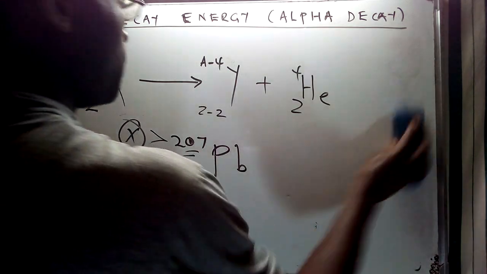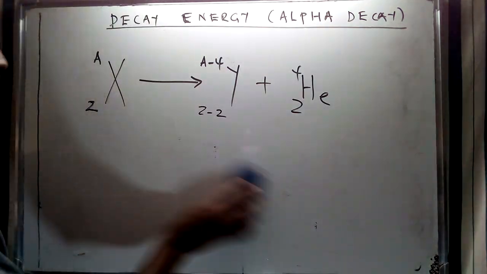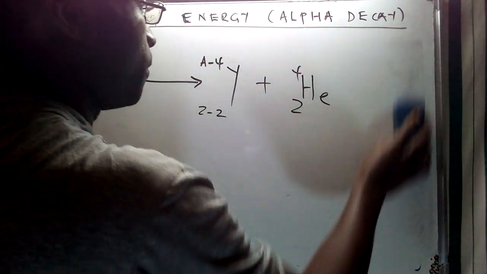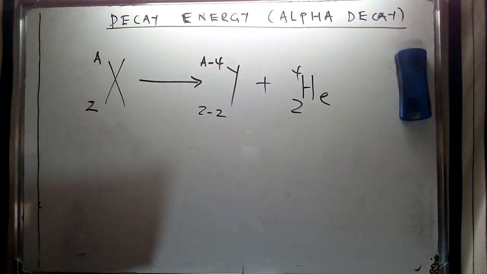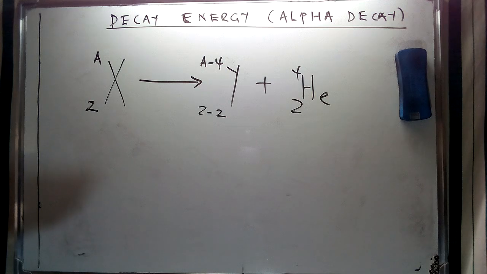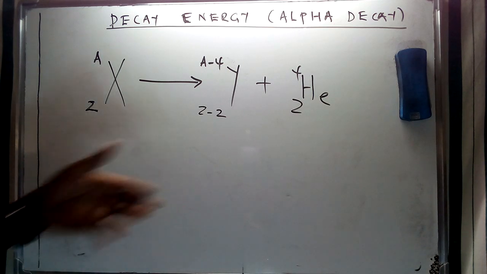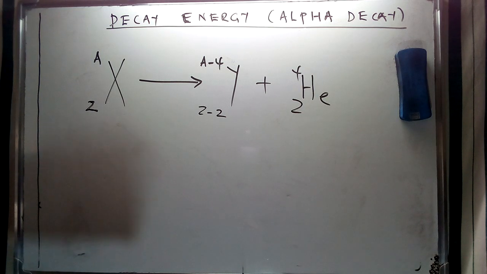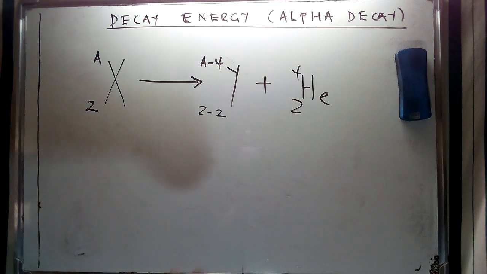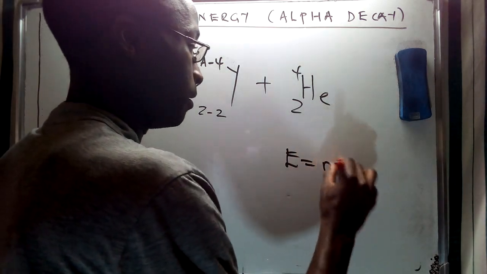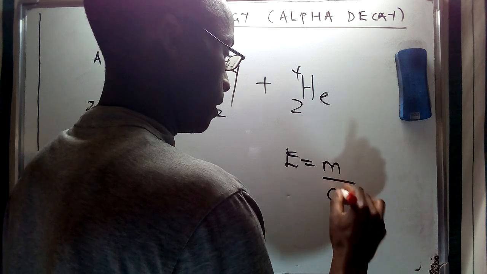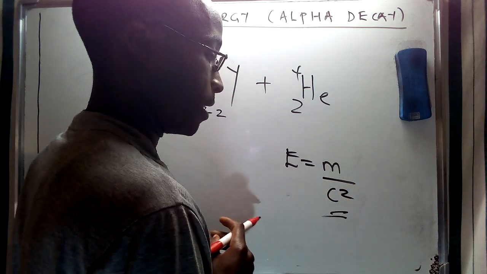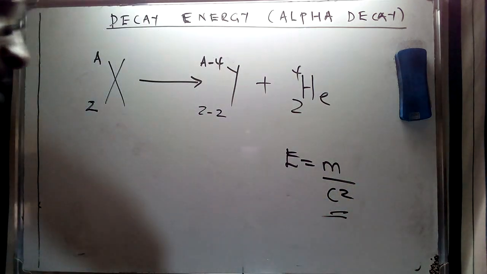Now we can describe the energy associated with this specific type of radioactive decay by considering the change in mass that I've mentioned, and also the specific energy associated with one atomic mass unit, which is a ratio between the constant for mass for that particle and the constant which is the speed of light.